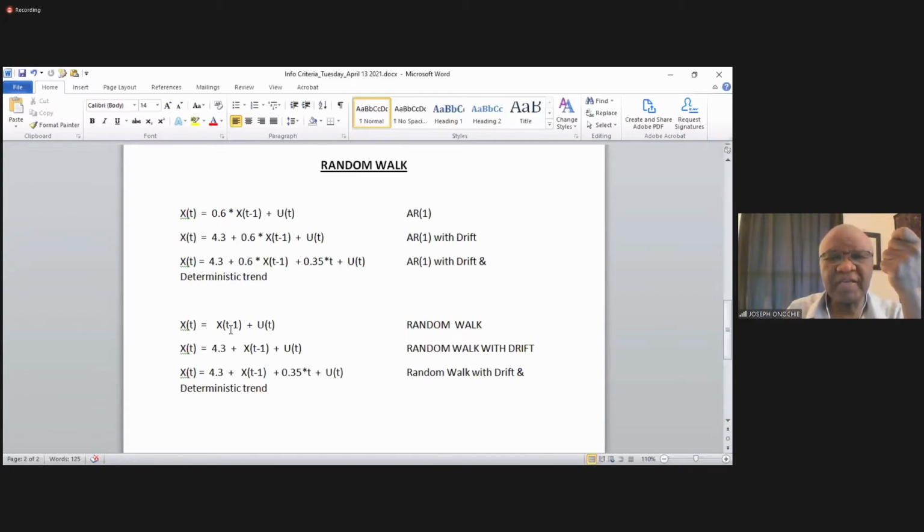Everybody please listen carefully because you will see this terminology over and over. If I tell you that this first equation, the random walk, has unit root, what do I mean? This coefficient here is 1.